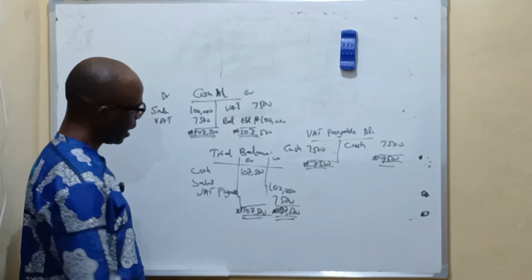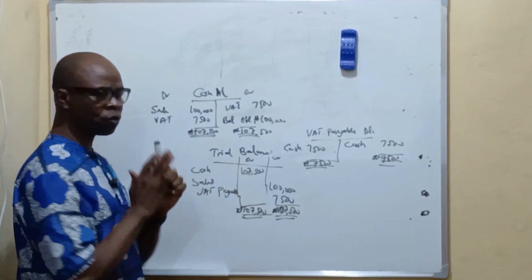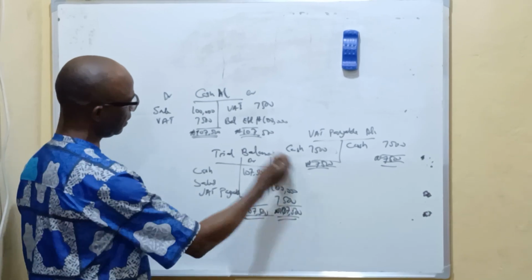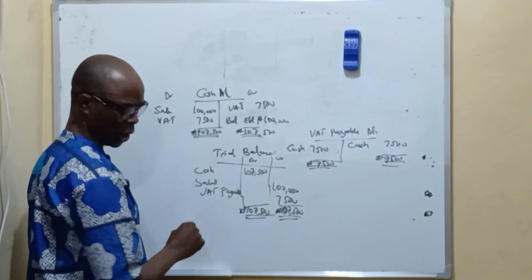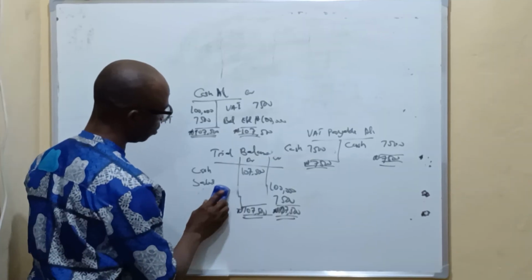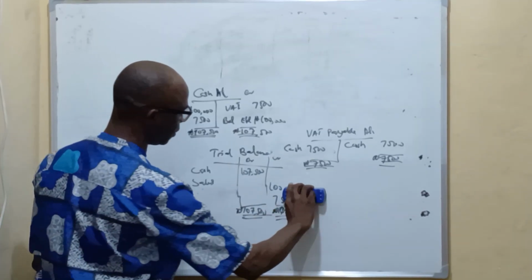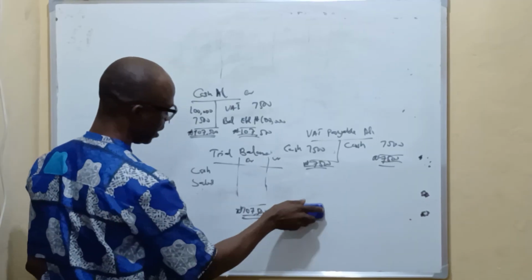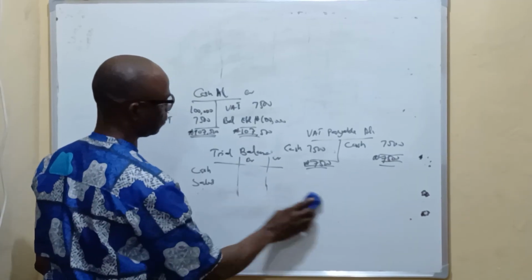If you have done the payment to the tax authority, then the trial balance will also change. That means there will not be a need for this anymore. Let me take this off.